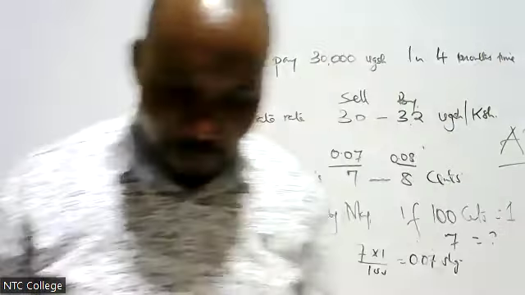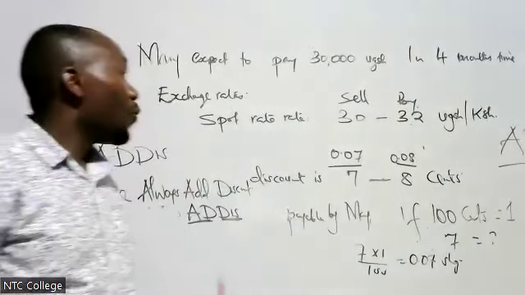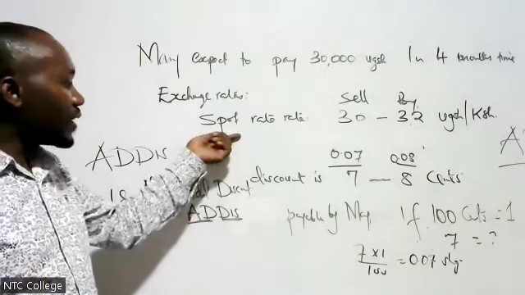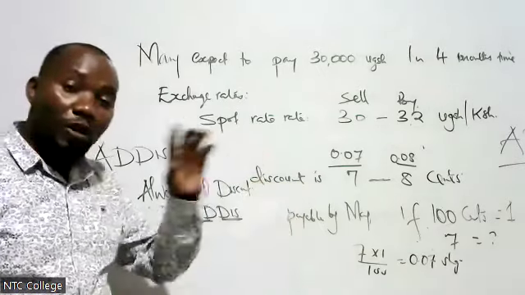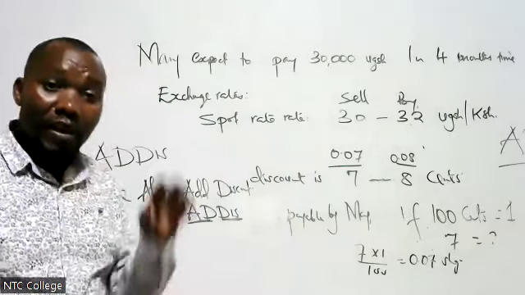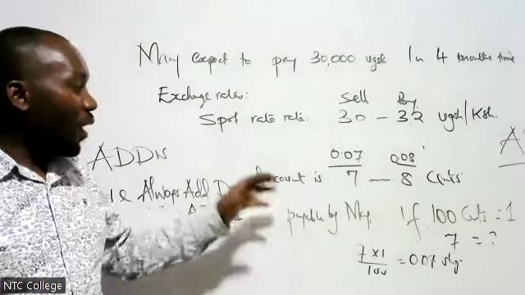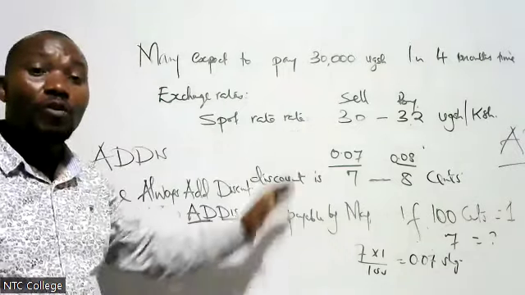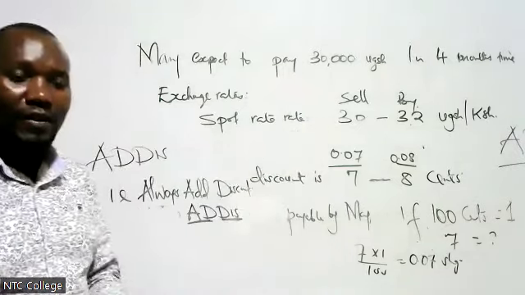So let's have the 4 months exchange rate. We didn't have the 4-month exchange rate. What we were given is the spot rate and the discount rate. We were not given the 4 months exchange rate. Now we know. Number 1, it is in cents. We have converted to shillings. Number 2, it is discount. We know we need to add so that we get the 4 months exchange rate.